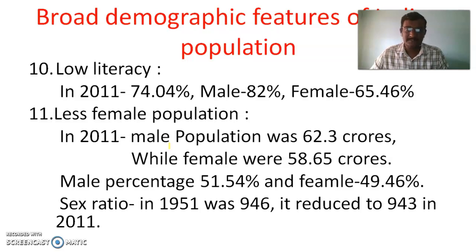In terms of percentage, 51.4% of the population was male, whereas the female population was 49.46%. In terms of sex ratio, in 1951 it was 946. It reduced to 943 in 2011. It means it is reducing, so it's not a good sign for the nation.